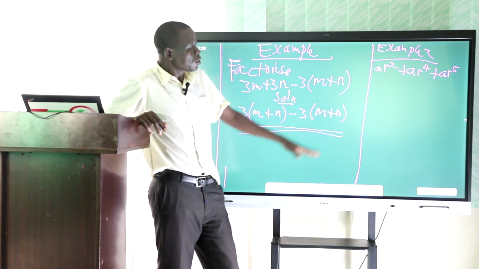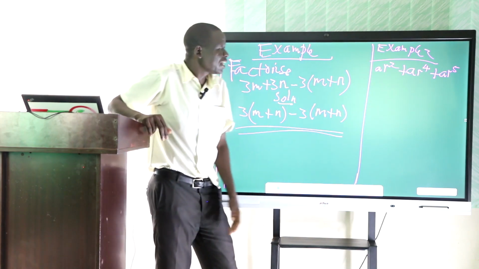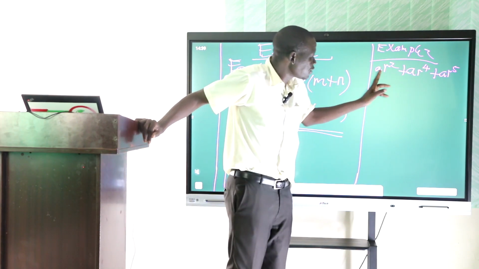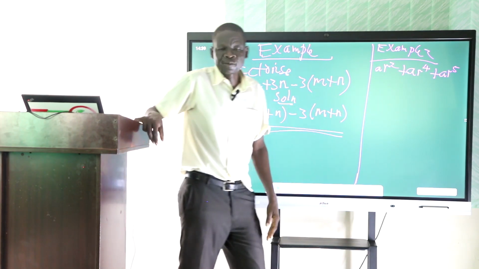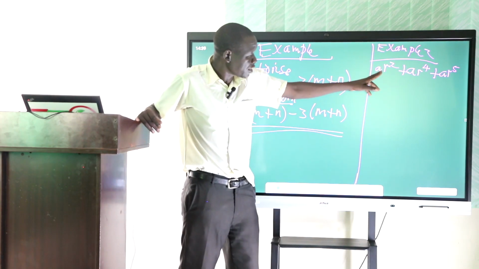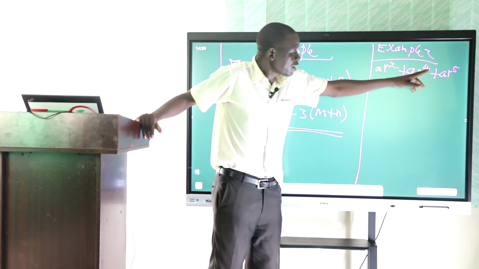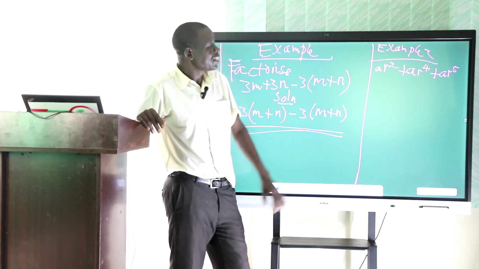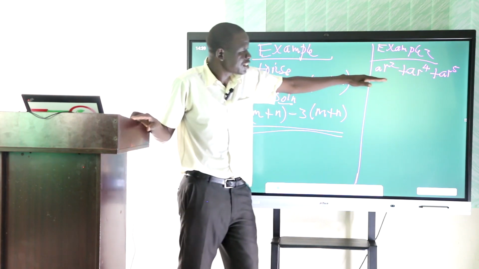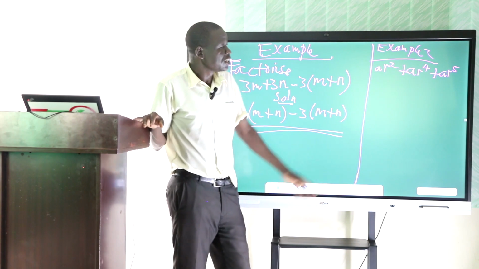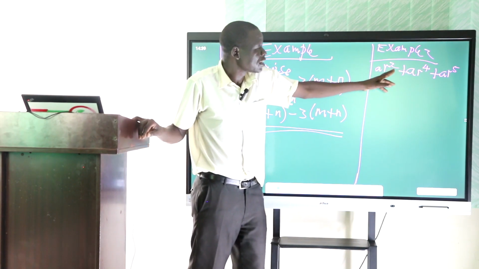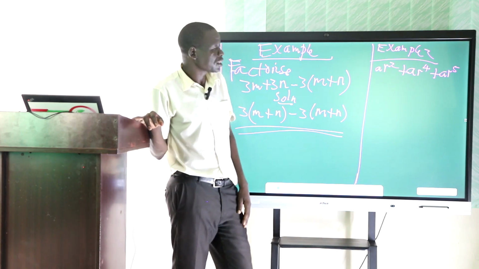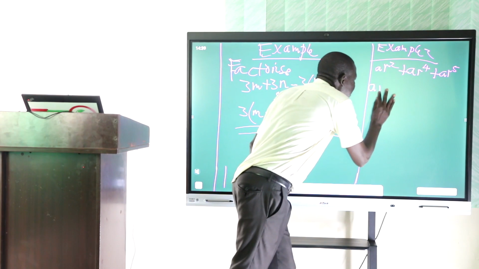You can see that the common factor here is A, because we have A in every term. Then for the R, when we are factorizing, we consider the least value, or the least term in a given expression. In this case, for the case of R, the least term there is R squared. So it means our common factor will be AR squared.